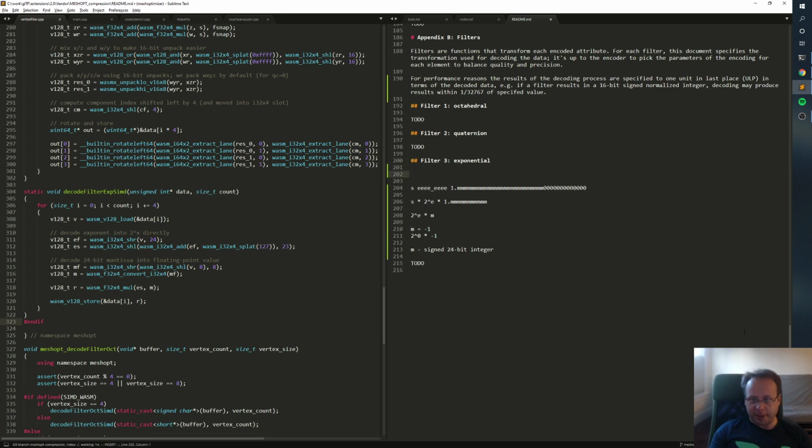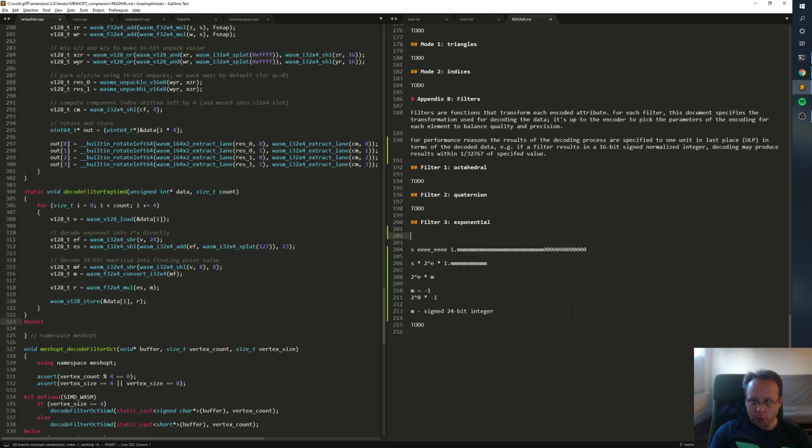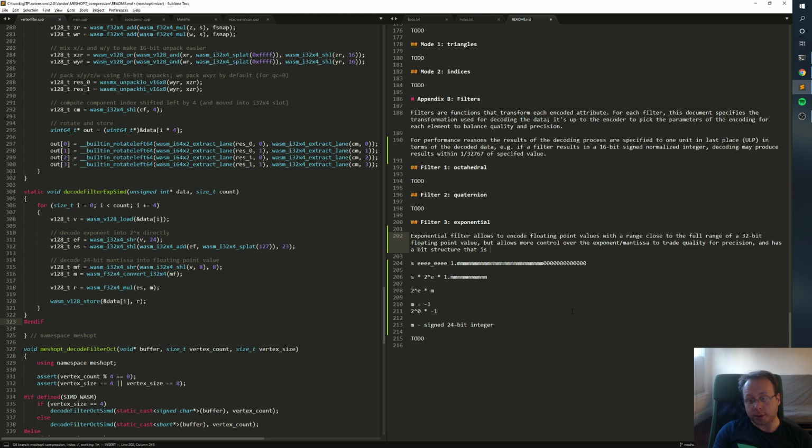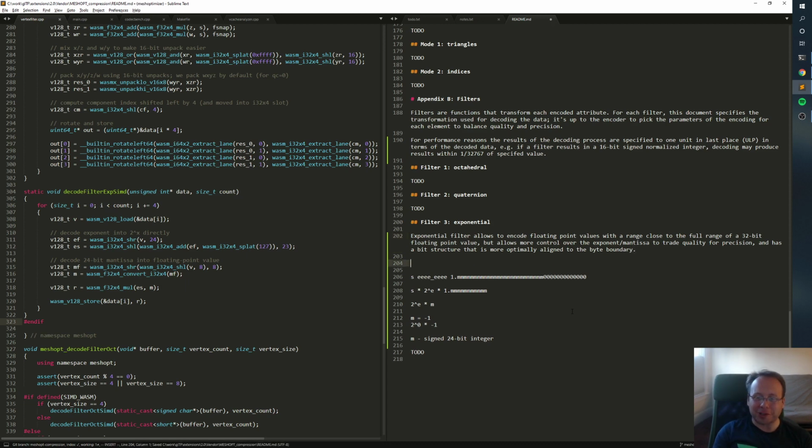So how do we specify this now? It allows including floating point values with a range close to the full range of a particular floating point type, but allows more control over the exponent and mantissa to trade quality for precision, and has a bit structure that is more optimally aligned to the byte boundary and to the strengths of the vertex codec.